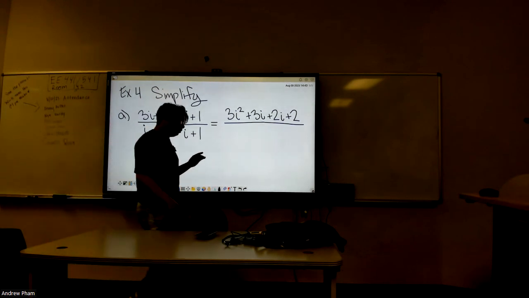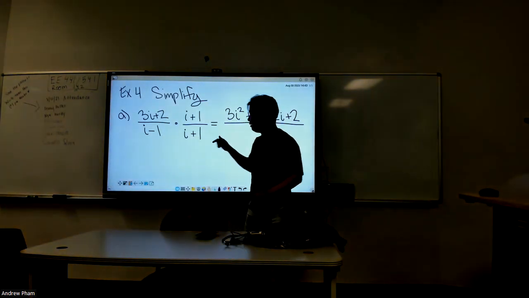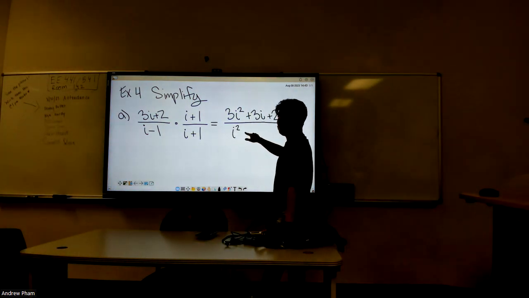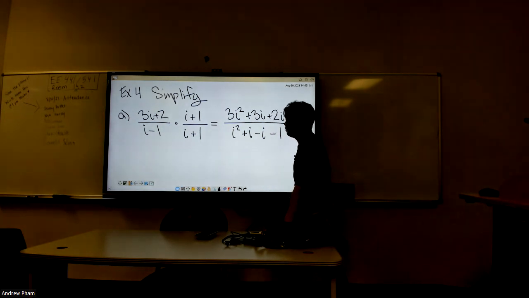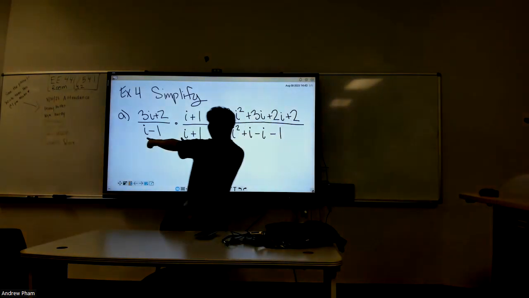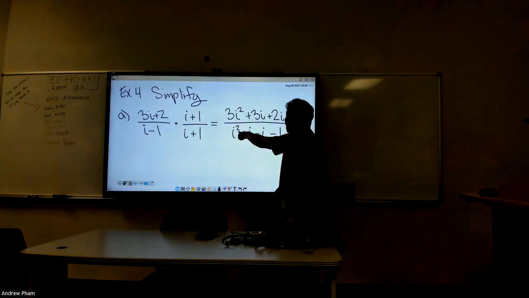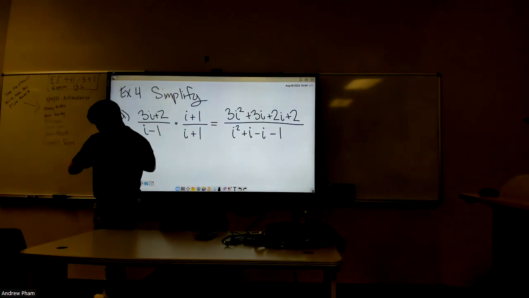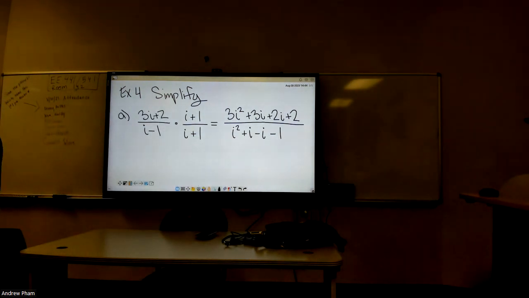What's happening on the bottom? Someone tell me, what should I write down there? Plus i, i minus 1. Again, we're FOILing: first times first, i times i is i squared. And then outsides, insides, and last.